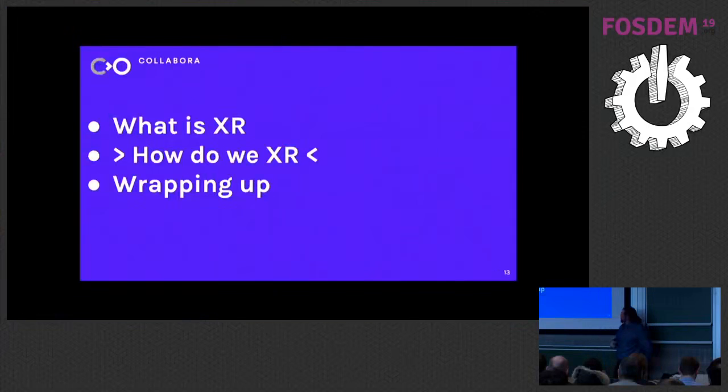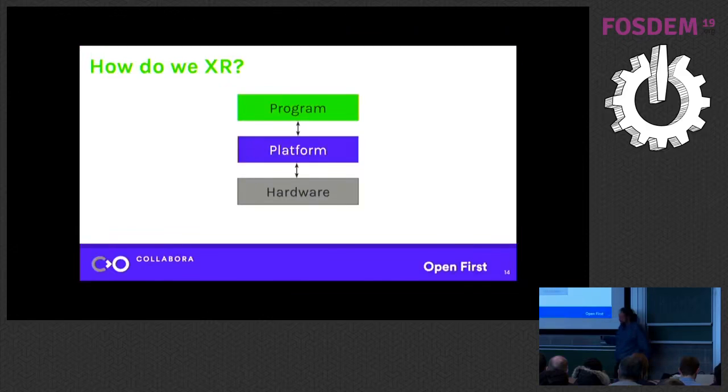So then moving on, how do we do XR, especially in open source? Looking at it very simply, you have your programs, your applications, your games, the things that are actually shown to the user. You have your platforms, and to draw a parallel with graphics, this is your X, your Mesa, your Linux.